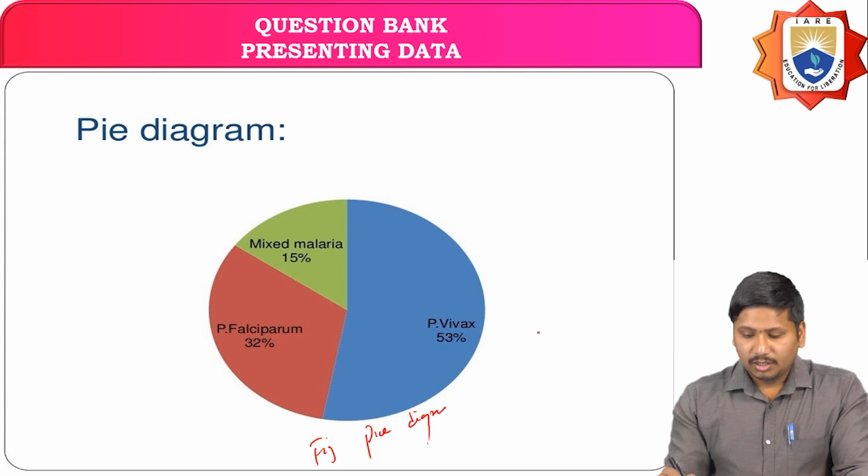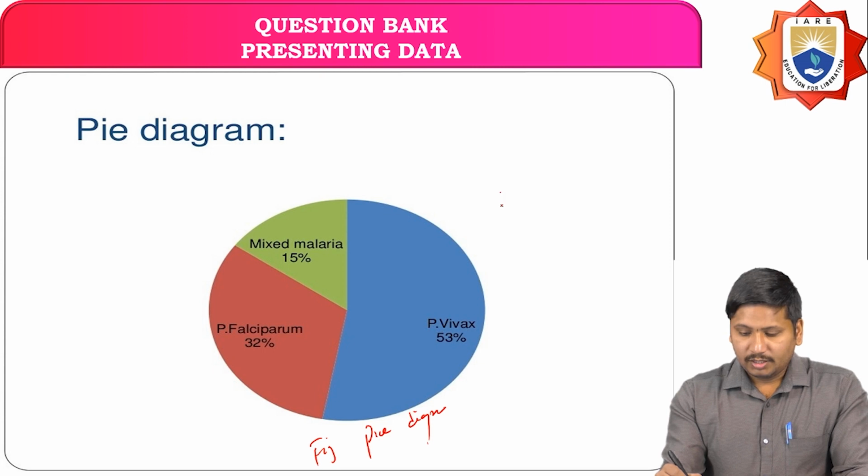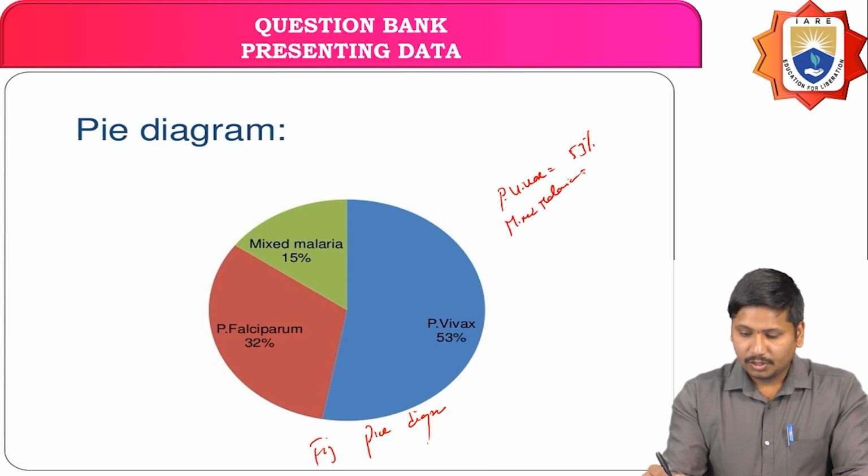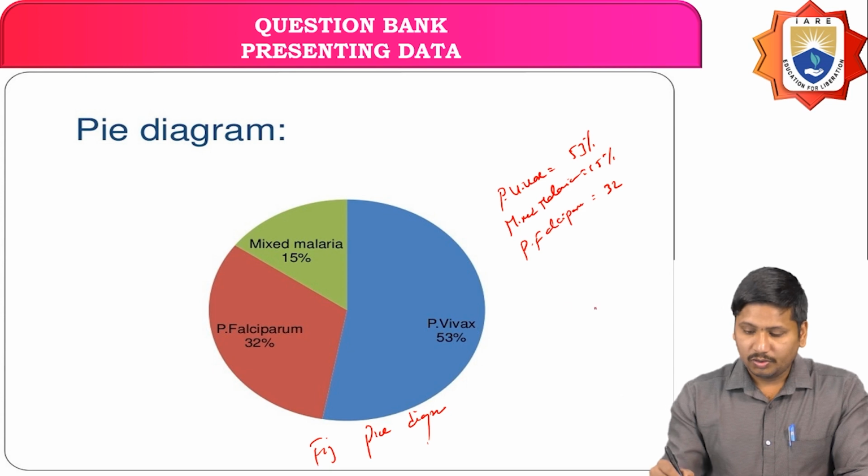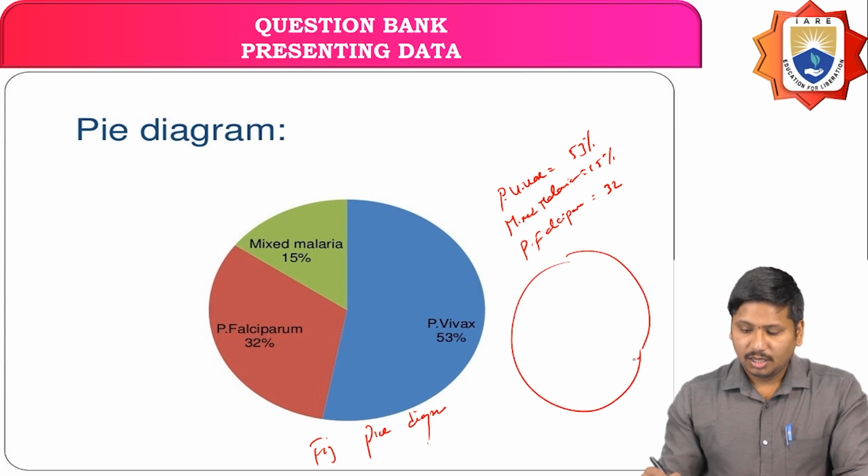So here Vivax is 53%, mixed malaria is 15%, and P. falciparum is 32%. What I have to do is initially take a circle and make use of a protractor.